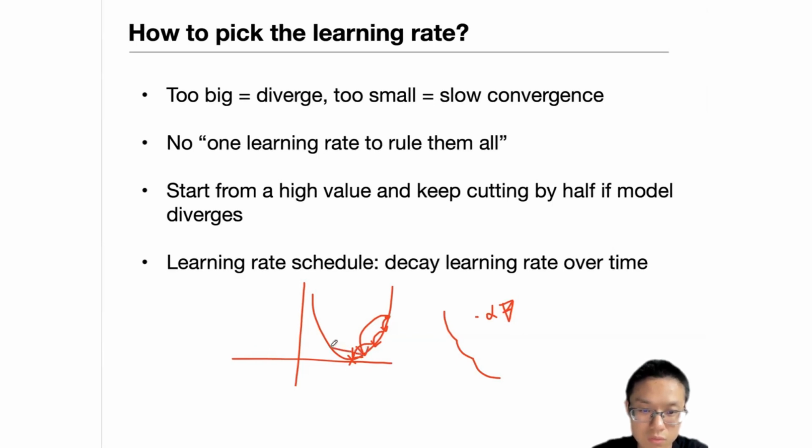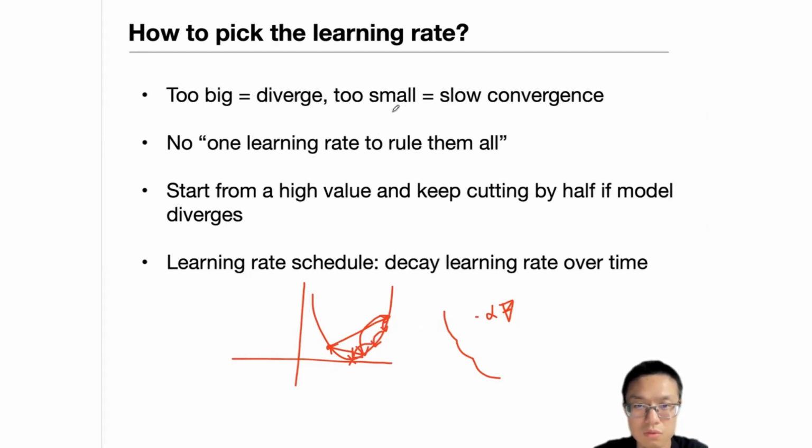You overshoot to this side, and you end up here, not taking a proper step toward the global minima. Then you take another step and you may jump here. So in this case, you just jump back and forth in this valley, because of the large learning rate, the large step you take, you will always jump over the global minima. This is not the case we want. We want the model to converge to a local minima at least.